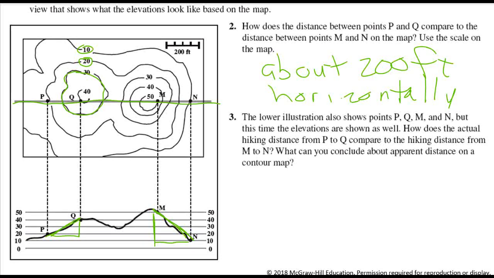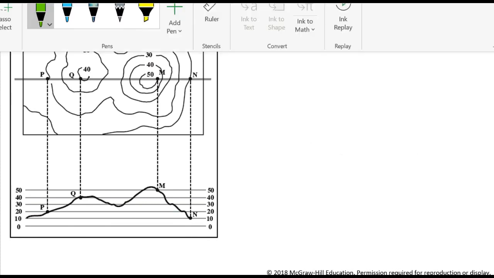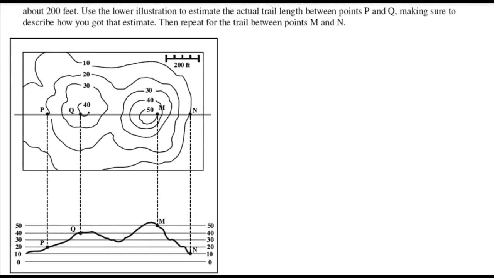So you climb about 20 feet going from P to Q, but you climb about 40 feet going from M to N. As a result, the actual distance M to N is greater. And hopefully you see that from the drawings that I made there. Okay. Same thing with question 4 now. Restart the video once you've answered question 4.